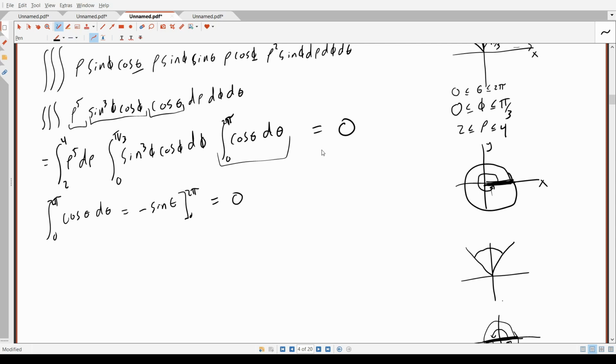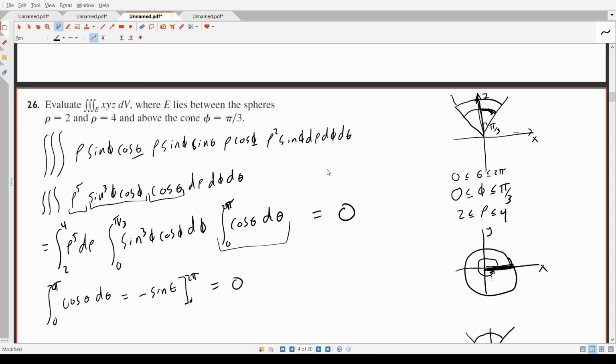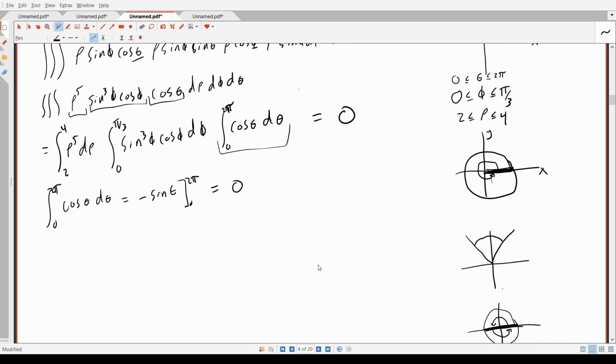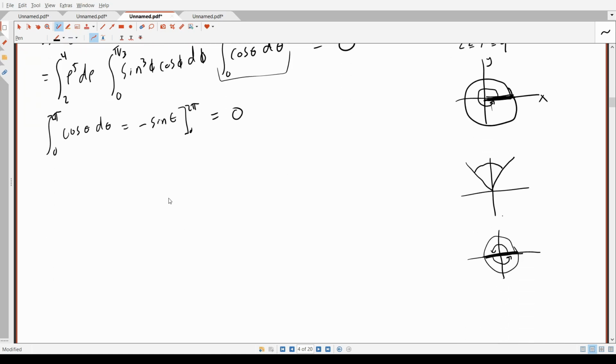Cool. So why does that make sense? Why would this be 0? This is what stumped me on Monday. I was a little confused on why this would be 0. I was thinking of this as a volume, and it shouldn't be a 0 volume. But it's not a volume, we're just integrating this function. So let me point this out.